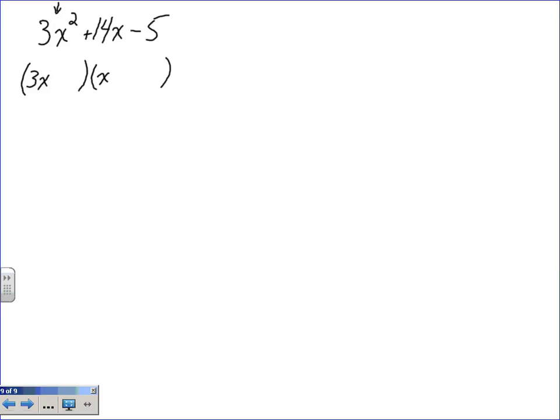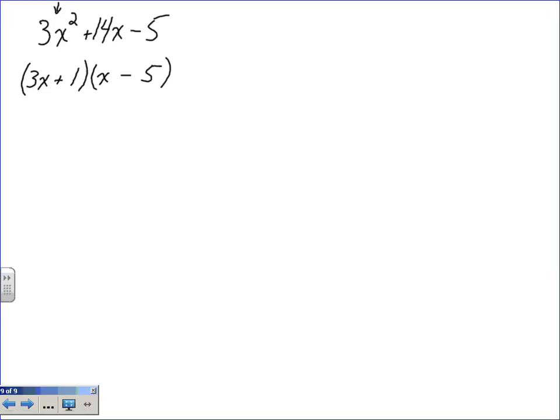What about 5? Well, I think it's going to be 1 and 5. It has to be either 1 and 5, remember, or 5 and 1. Now I have to get a negative 5, so we're going to make one of these positive, one of these negative.